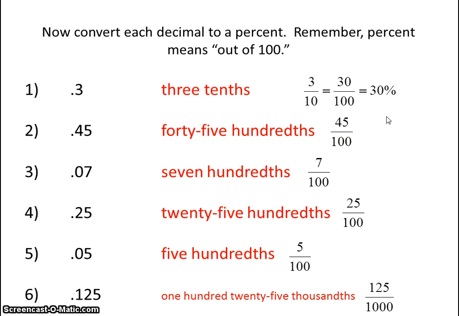Number 2 is very easy because it's already written as a fraction out of 100. So 45 hundredths is equal to 45%.